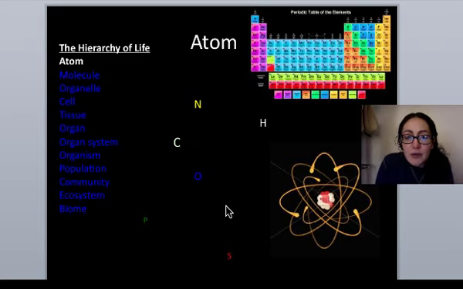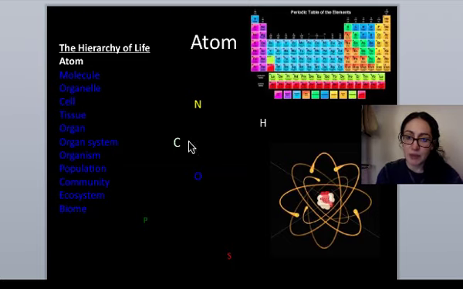I want to talk about atoms because atoms make up molecules, and molecules make up those macromolecules. Before we go into that, this is a review for many who have taken chemistry, so you can fast forward if it's possible.